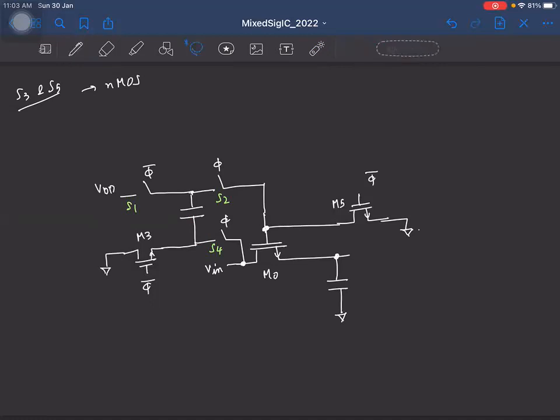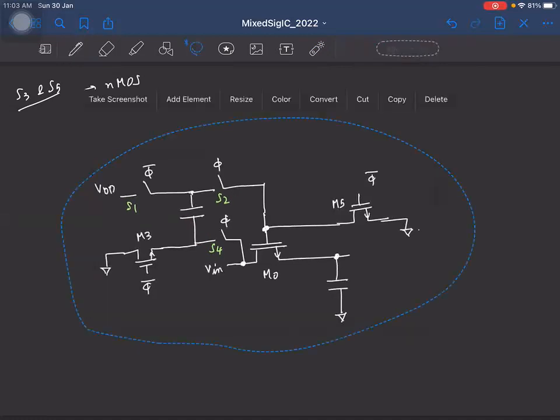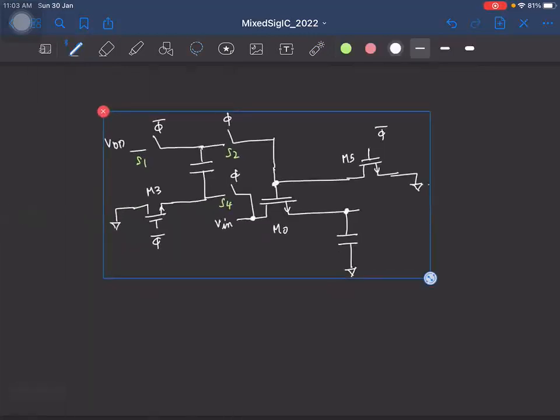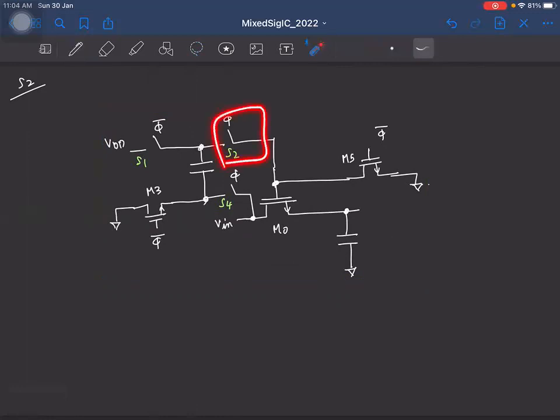So next, let's look at the other switches. So let me copy paste this. So now let's look at the switch S2. The switch S2 here is trying to connect the top plate of this capacitor to the gate, right? And what will this voltage be? If this voltage is equal to V in, if I call this Vx, Vx will be V in plus VDD when this switch is on, right?